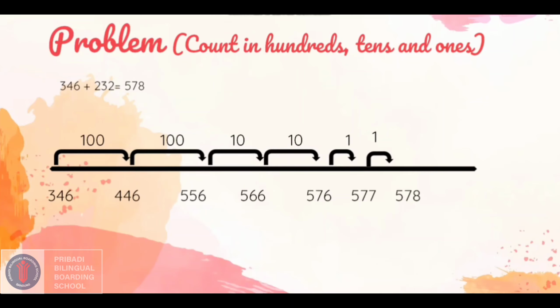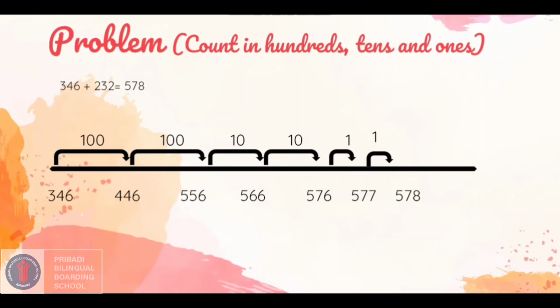Okay? Now here, I have another problem. For example, here I have 346 plus 232. Before I get the answer, I need to calculate it first, with no need to use a calculator. So here, I count in hundreds, tens, and ones.